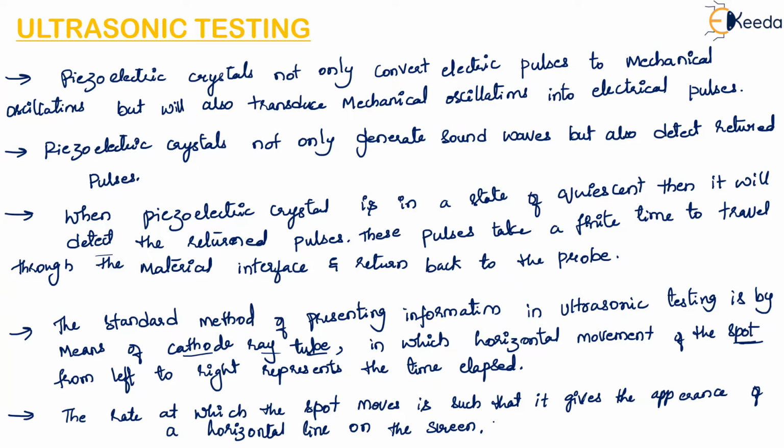And this system, that is the cathode ray tube and the ultrasound testing equipment, are synchronized electronically so that the instant the probe receives the electric pulse, the spot begins to traverse the screen.